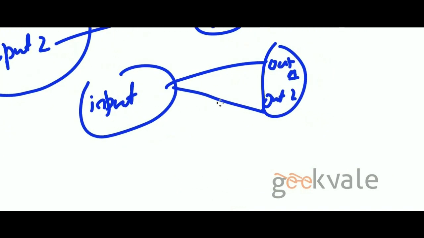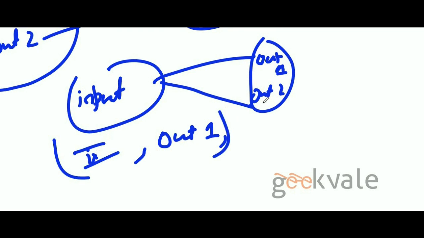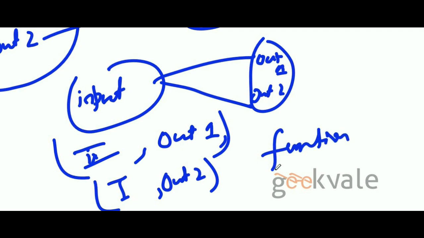But if we look into this example, output 1 has the input I, and for this one output 2 also has the input I. That means both of these don't have a unique input, or in other words, the input is repeated, so that falls out of the definition of what a function is.